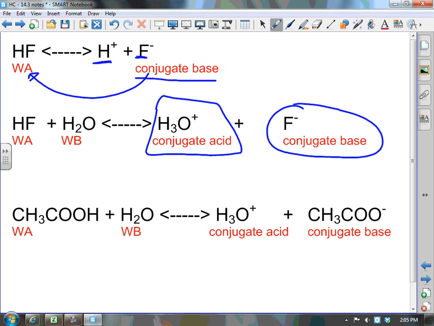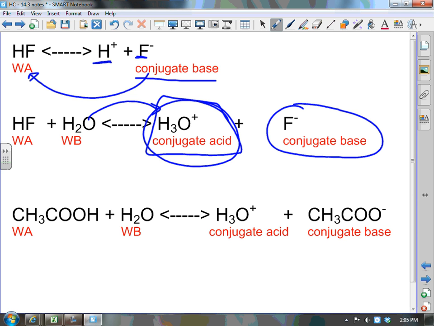It goes from H2O to H3O plus. Wait a second, I thought water was neutral. It can be neutral, but it can also act like an acid or base. So water in this example is a base, and the leftover piece, the conjugate of water in this example, is an acid.